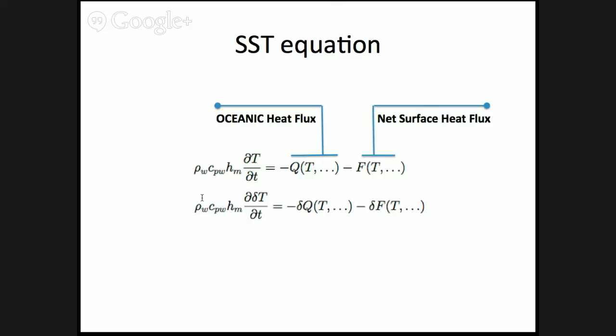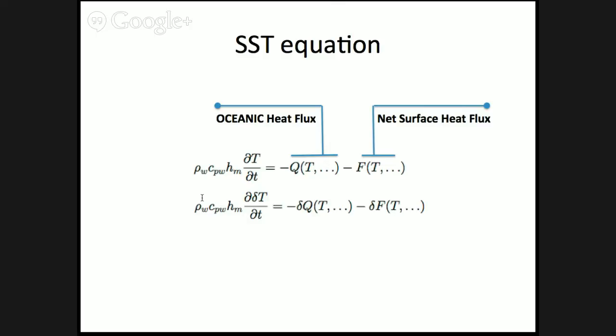The oceanic heat flux is precisely the oceanic heat flux divergence averaged over the mixed layer. So it's called the heat flux, but it's actually the heat flux convergence, and the surface heat flux. You see that in this equation, both the oceanic heat flux and the surface heat flux are functions of temperature and also other variables, because both of them are very complicated.